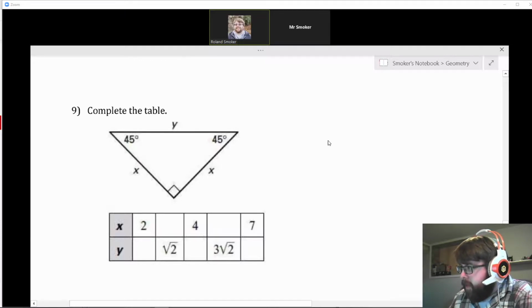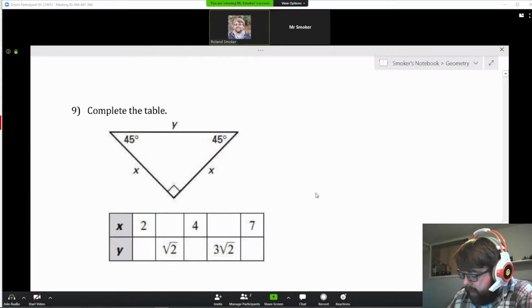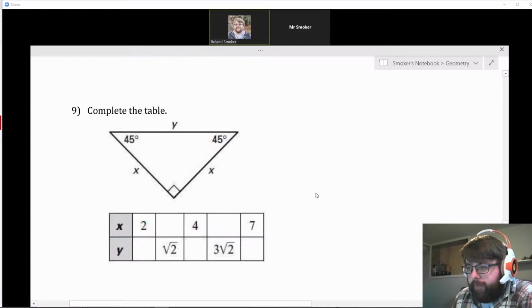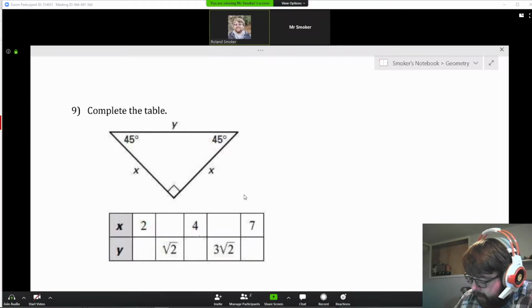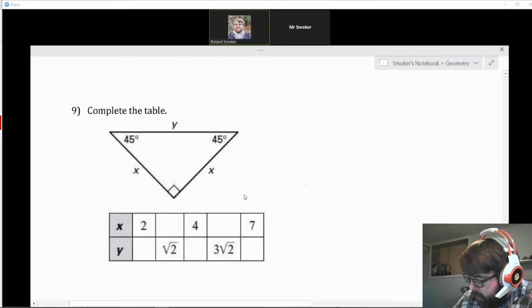So, for number 9, it's asking you to fill out this table. So they have this table right here that fills in one of two parts each time. It's important to remember that for a 45, 45, 90 triangle, hypotenuse is equal to leg times the square root of 2.